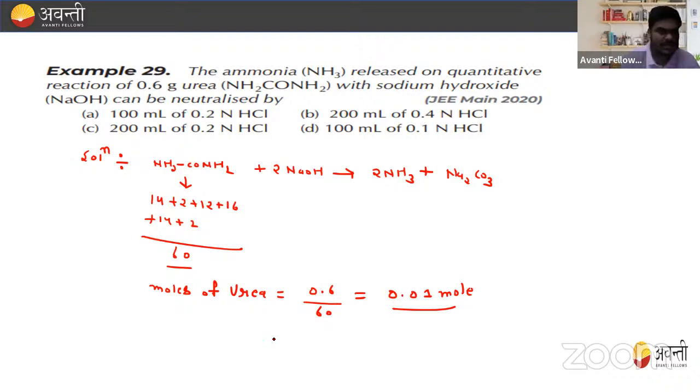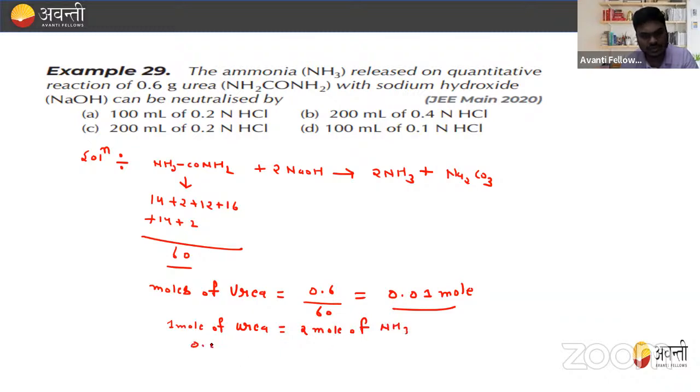So it is already given, because we know that 1 mole of urea gives 2 mole of NH3, right? So 0.01 mole gives how much? Just multiply by 2. From this stoichiometric coefficient, we know that 1 mole of urea gives 2 mole of ammonia, 2 mole of NH3.